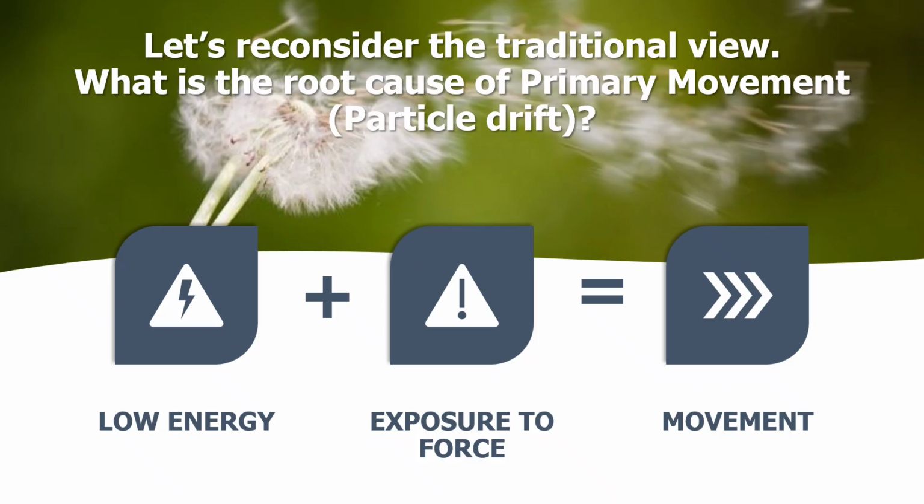And then we expose it to some force, I don't know, say wind or turbulence behind the sprayer. Well, we get movement. And what we see now is it's not just the force or the wind that plays a role, it's the energy state of the droplet. Is it a great big thing that's falling like a rock, or a very small thing that can be moved around a lot?